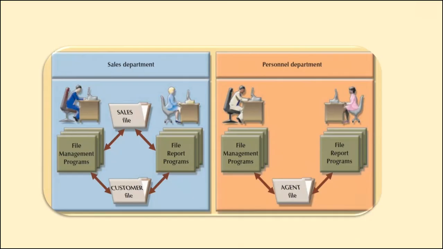So let us understand what are the disadvantages, what are the drawbacks of this simple file system approach. We have taken only two different departments, simple files and simple application programs here, right? What are the disadvantages of this approach, right? Suppose, let's say, assume now in the sales department, sales files and customer files, I have stored the data in the format of JSON.